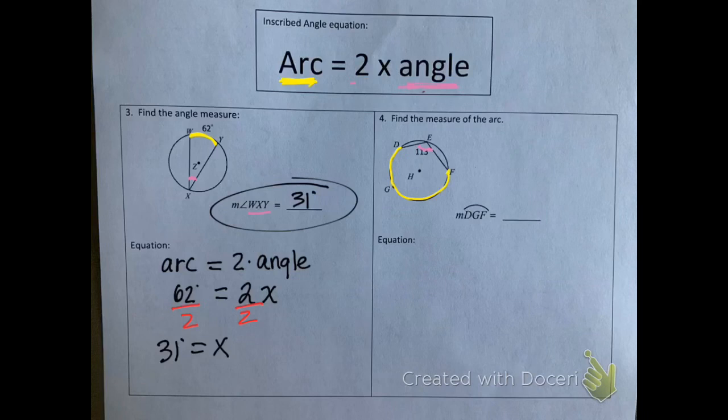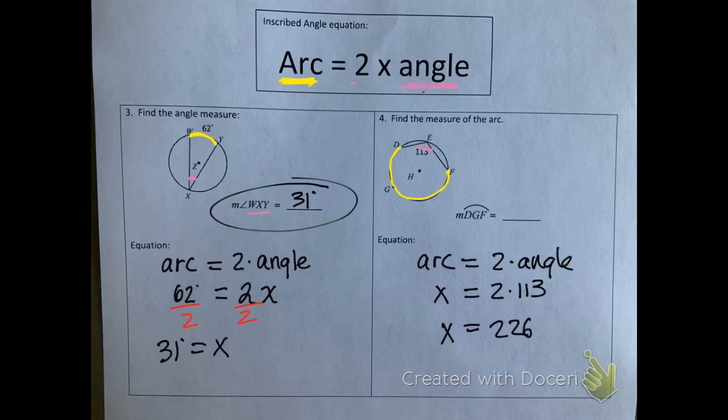So again, you could do this without work if you understand the relationship, but if you want to use the equation, you could say the arc is always double the angle. So in this picture, we're trying to find the arc, right? Which is X, and then the angle is 113 degrees. So if you double 113 degrees, the arc would be 226 degrees.